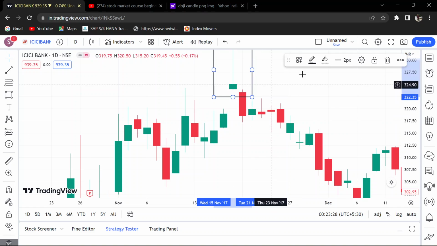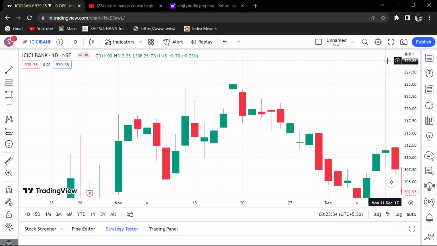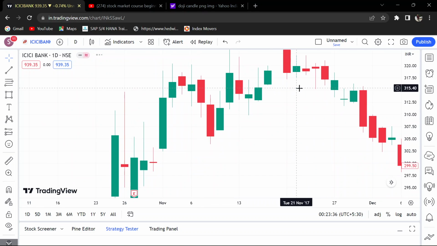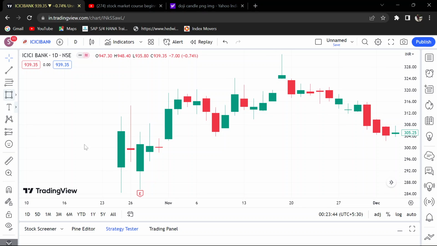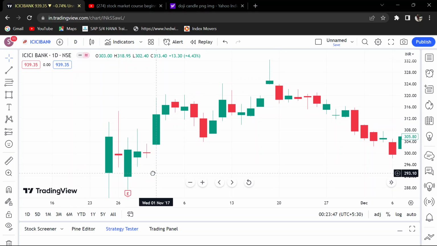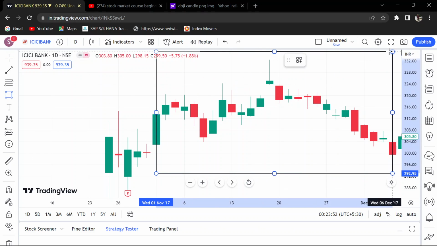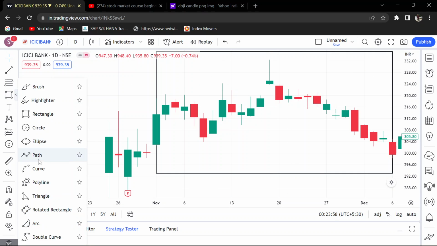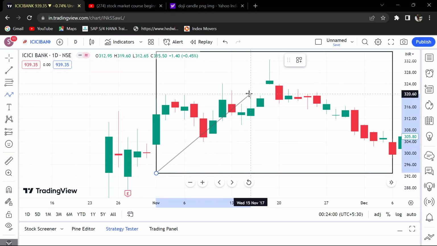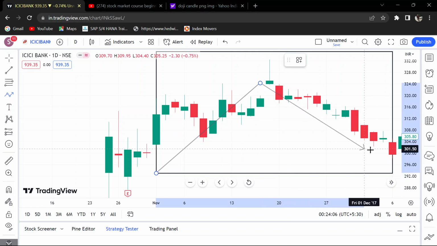Okay, we have seen the hammer, shooting star, and doji. Generally, remember one thing: you have to consider a shooting star at the top. See, all the way up it came here and it formed a shooting star here and came down.